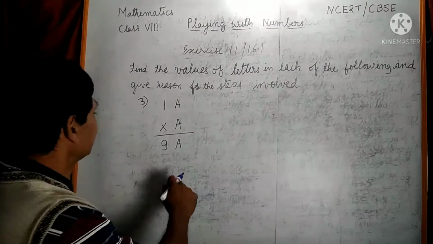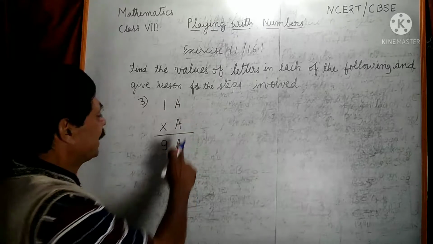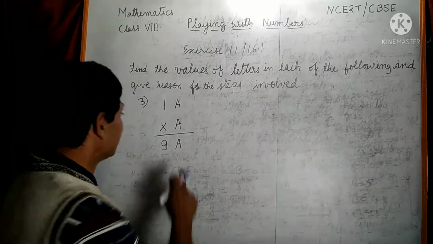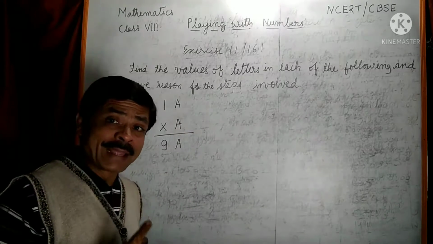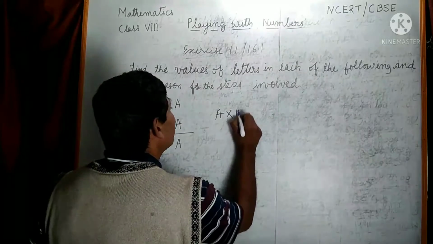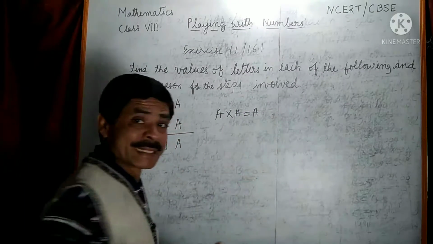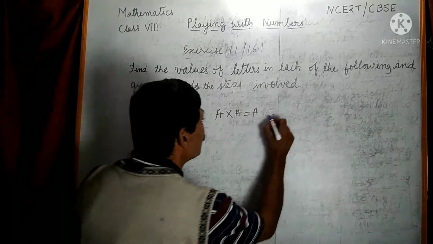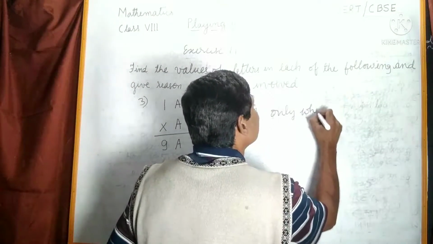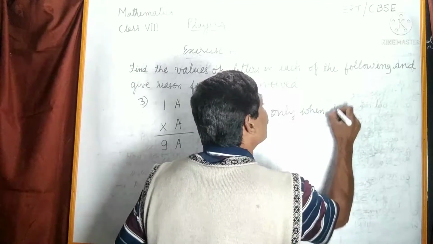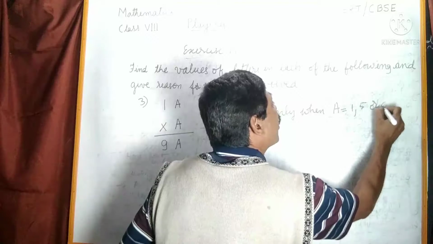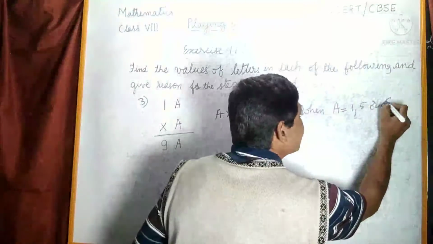Now next puzzle, let us see A into A is equal to A. It is possible only when A is equal to 1, 5 or 6. A into A is equal to A as the unit digit is possible only when A is equal to 1, 5 or 6.